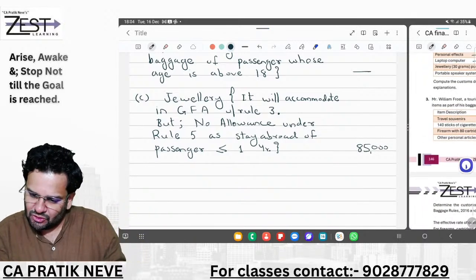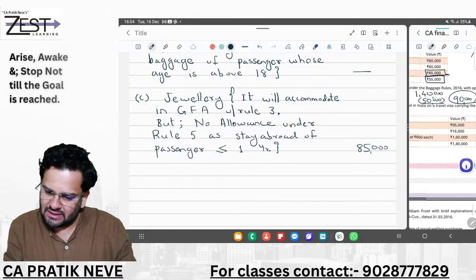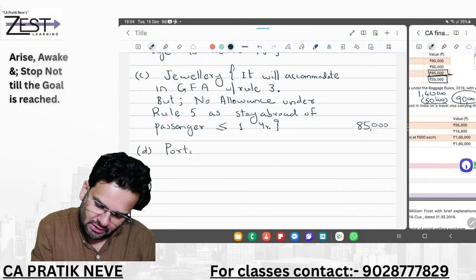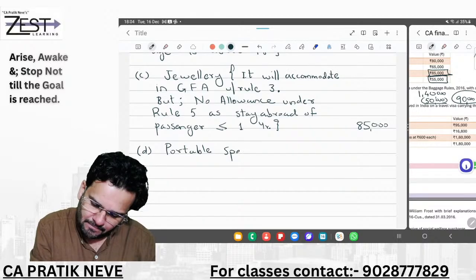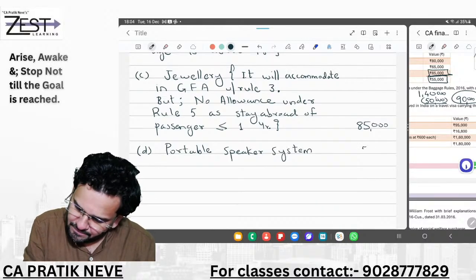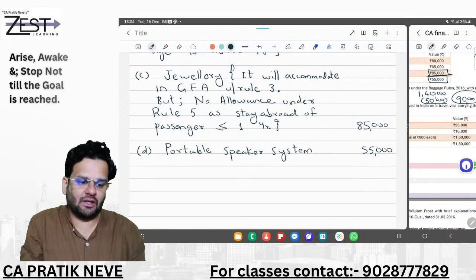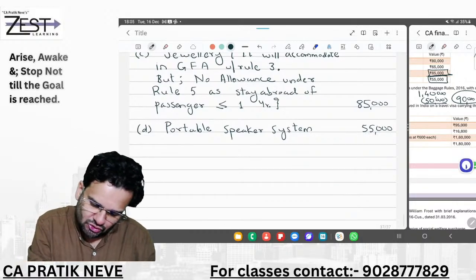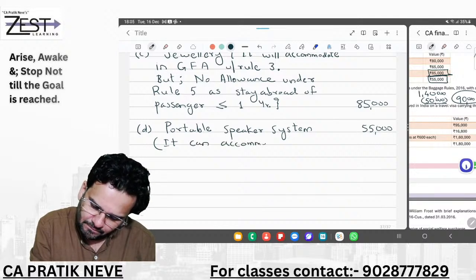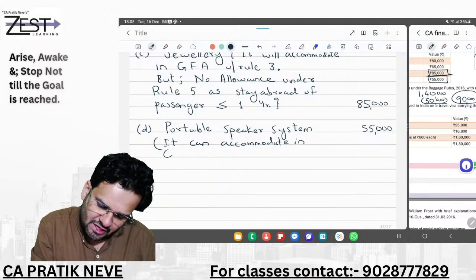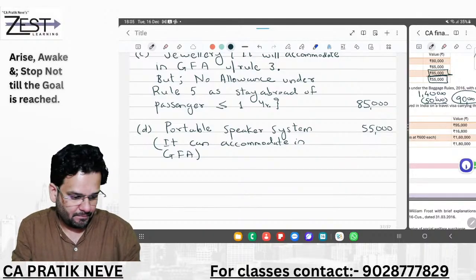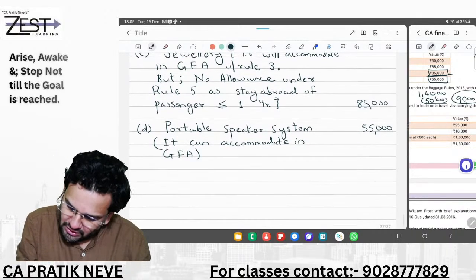And then friends, you will get portable speaker system 55,000. So at this juncture, of course, it can be accommodated in GFA. So the total will be 1,40,000.